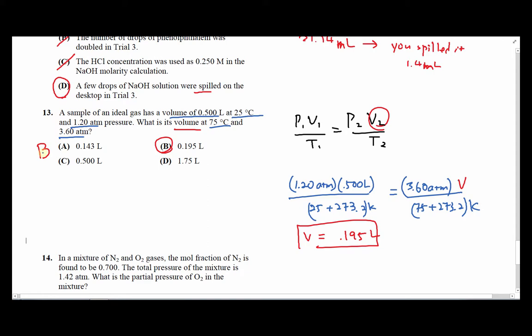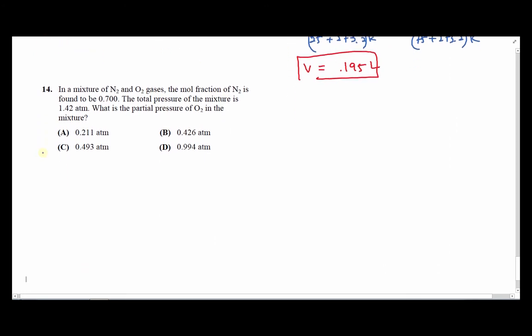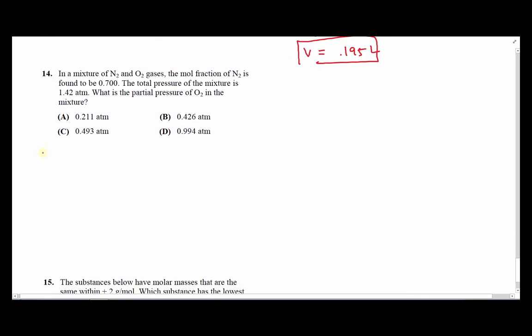Okay, that was easy. Number 14, in a mixture of nitrogen and oxygen gas, the mole fraction of N2 is found to be 0.700. The total pressure of the mixture is 1.42 atm. What's the partial pressure of oxygen in the mixture?